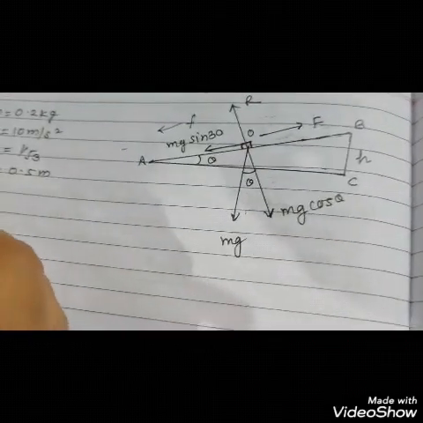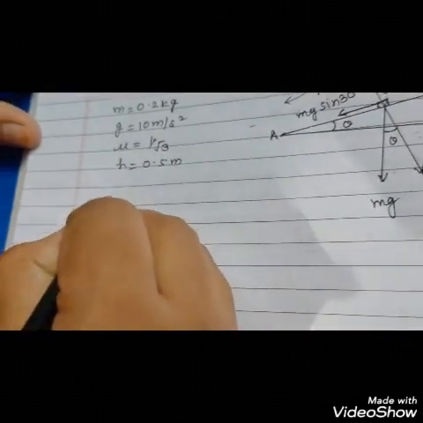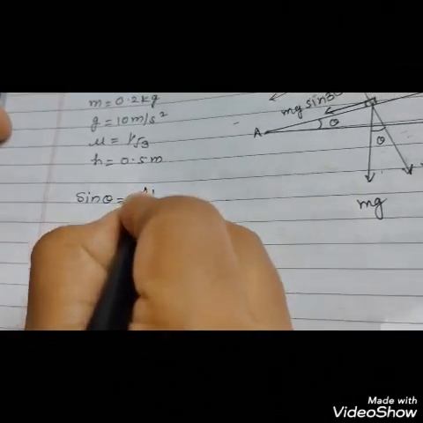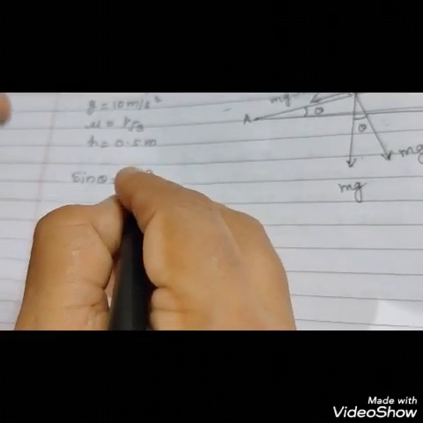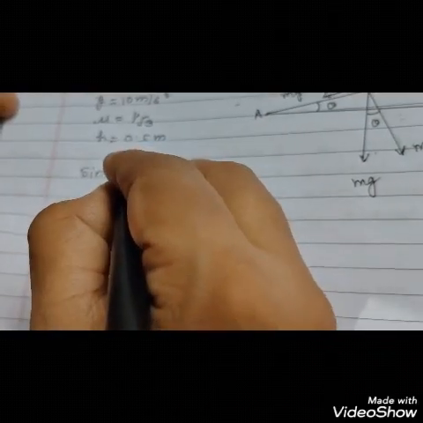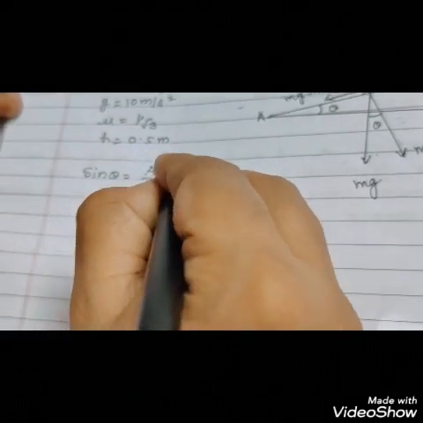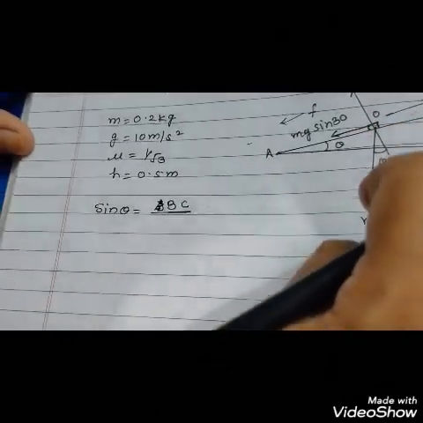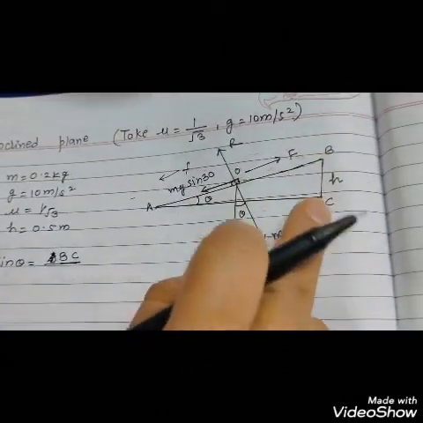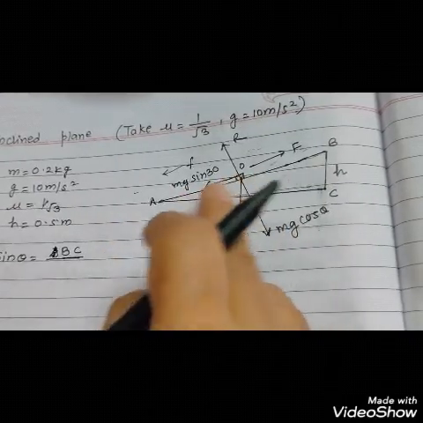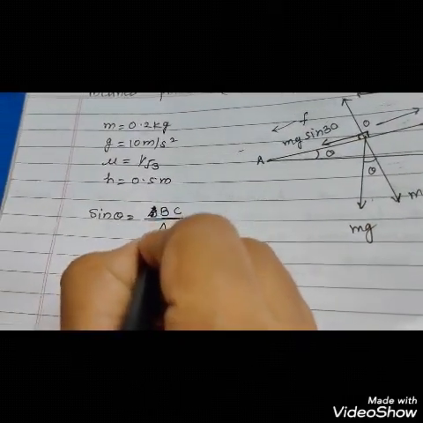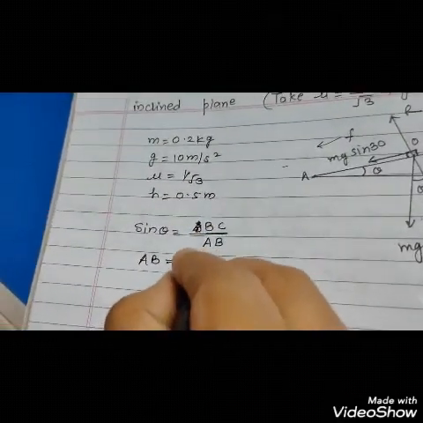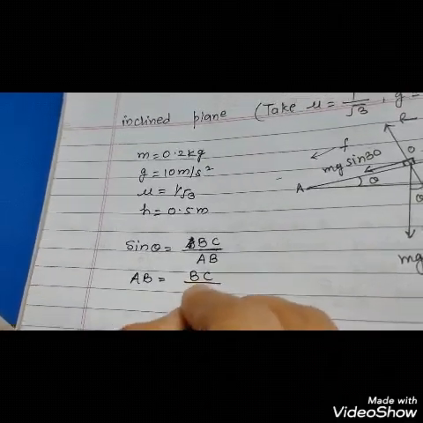To calculate the distance AB, we'll apply the formula sin theta is equal to the perpendicular BC upon the hypotenuse AB. So AB is equal to BC upon sin theta.